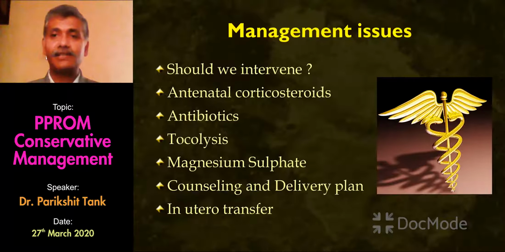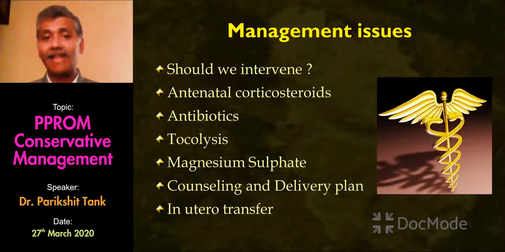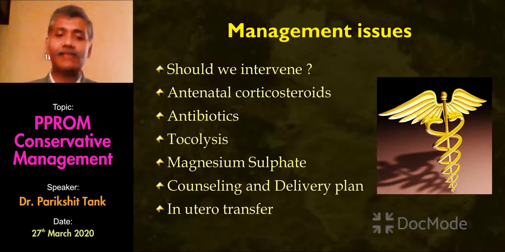But if she is in a situation where preterm delivery is likely, say at 30 or 32 weeks, and the site where she is being cared for at present does not have the adequate neonatal facilities, this is the time that should be utilized for planning, counseling, and in utero transfer to the best place, to a tertiary care facility where both the mother as well as the baby who is going to come out in a few hours or days can be looked after in the best possible way.